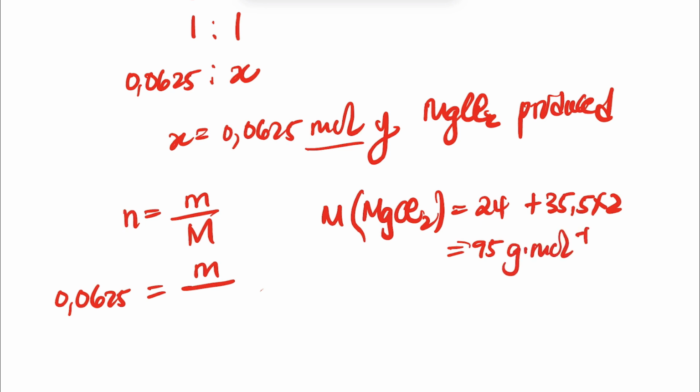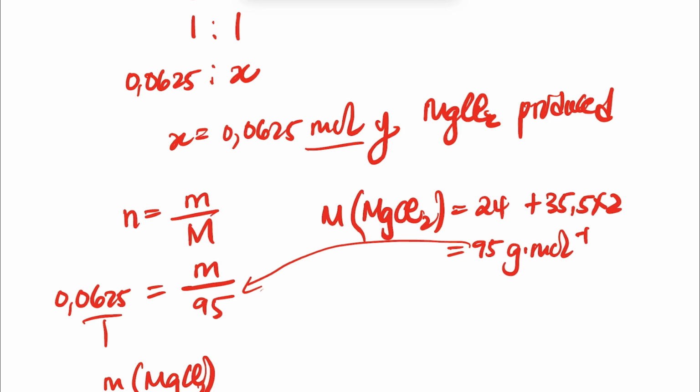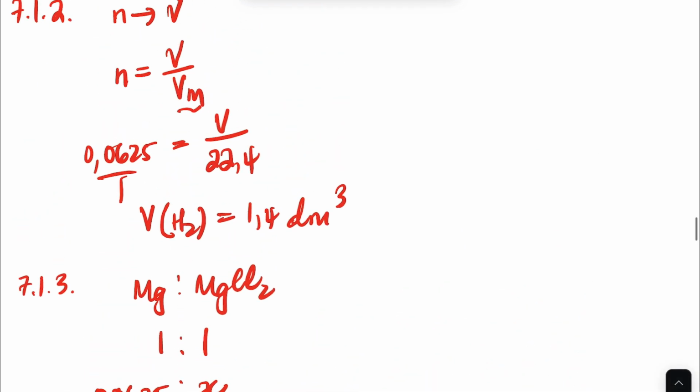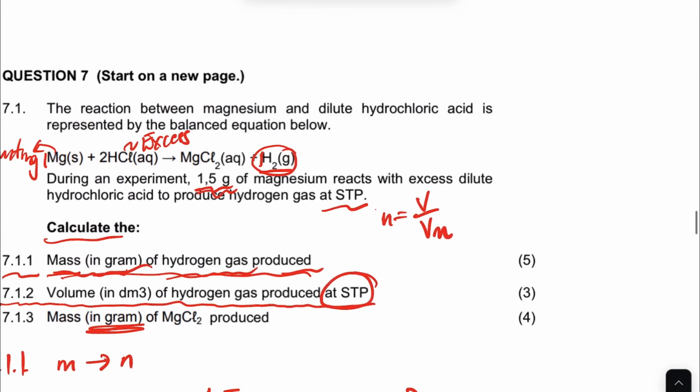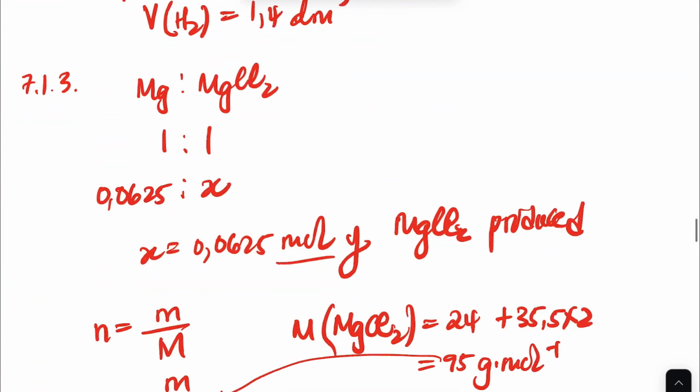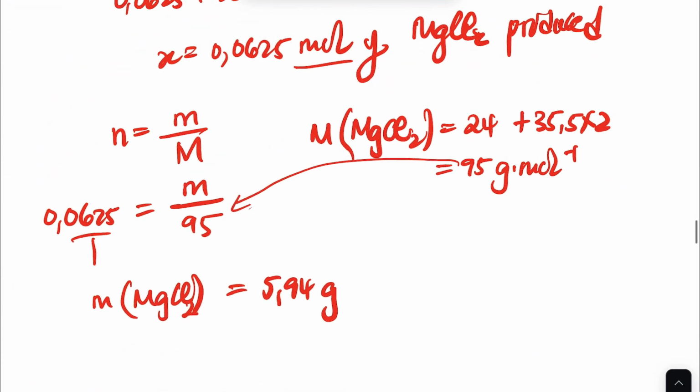So you take the 95, you substitute it there, and then cross multiply. The mass of magnesium chloride is going to be 5.94 grams. That's the mass that is formed. I hope that makes sense, guys. This question. Cheers. Bye.